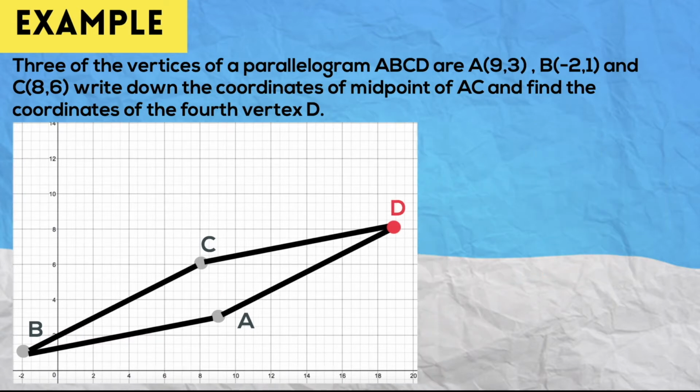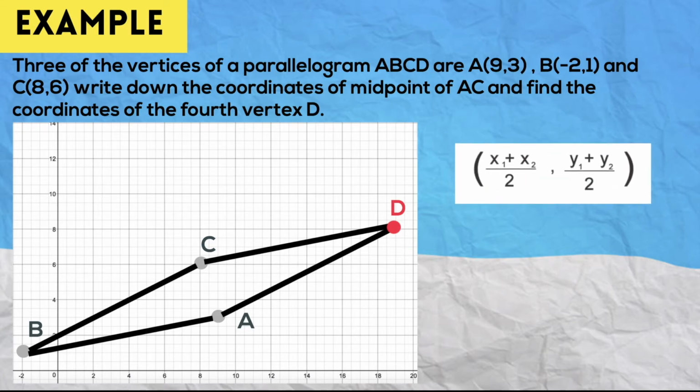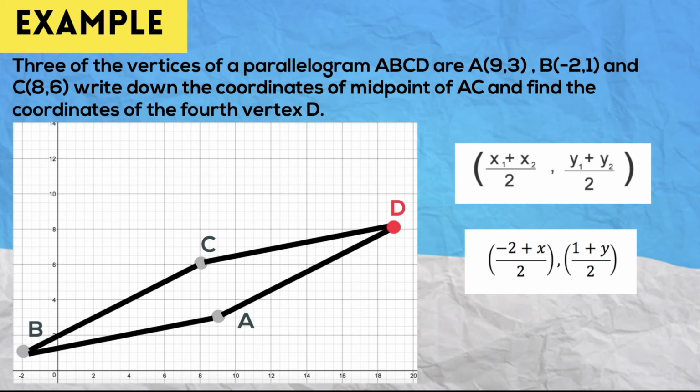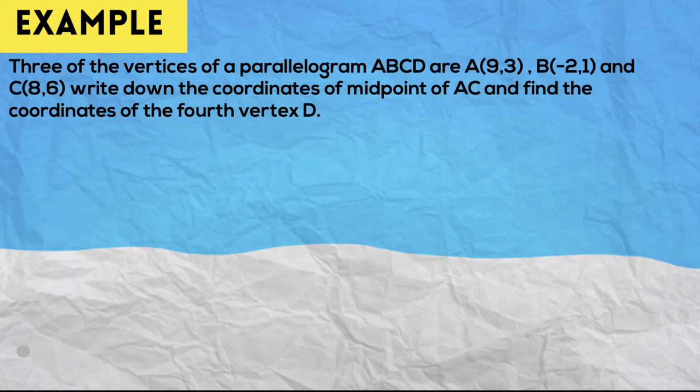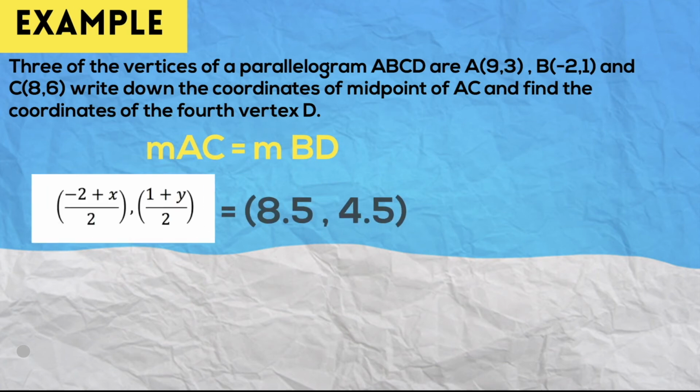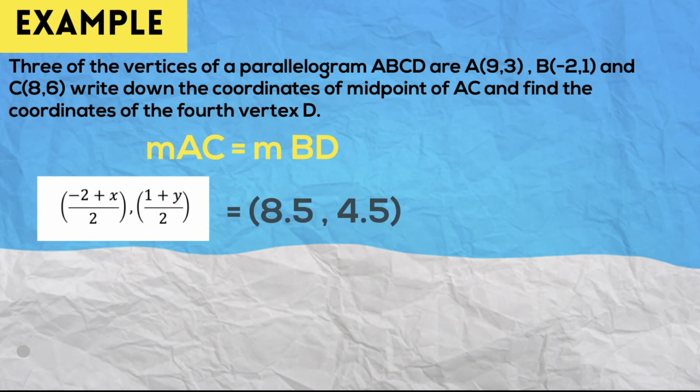According to the fact mentioned a minute ago, the diagonals of a parallelogram cut each other at their midpoint. Let's say the coordinate of D is (x, y), then we plug in B and D in the midpoint formula. Then you will get this, and what should we do now? Certainly, the midpoint of AC and the midpoint of BD are equal, so you just equate them.